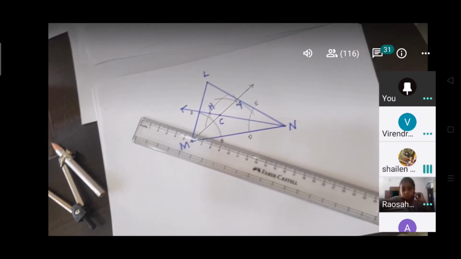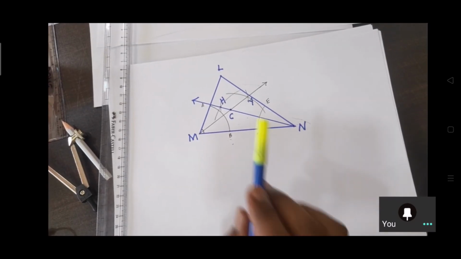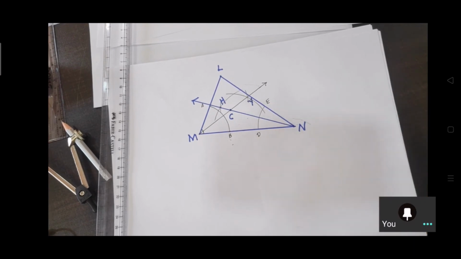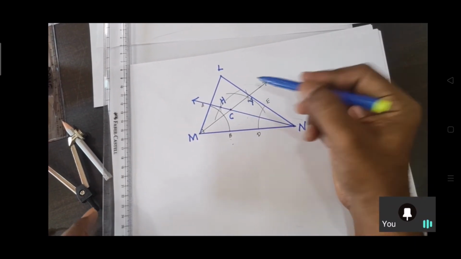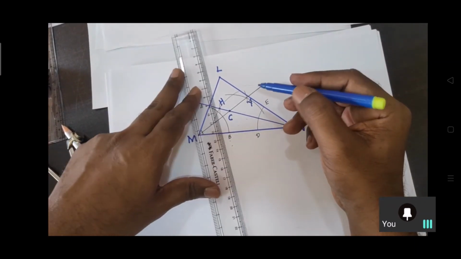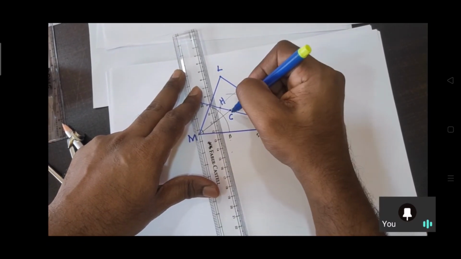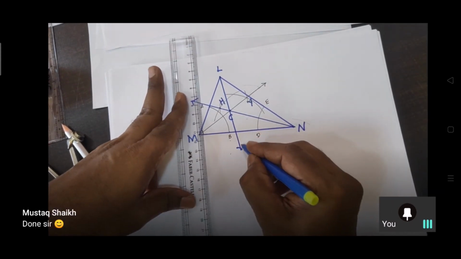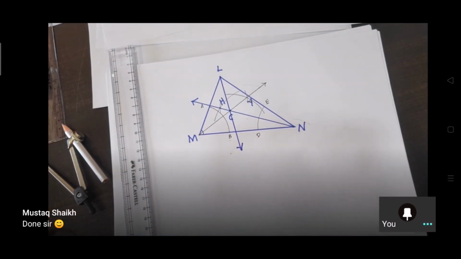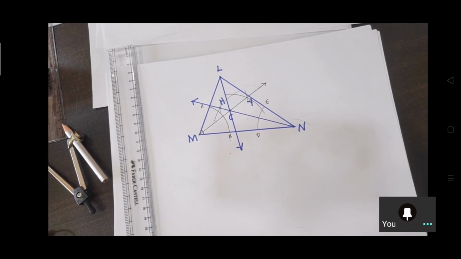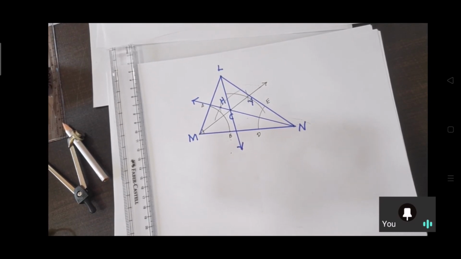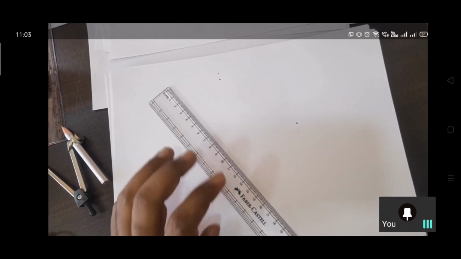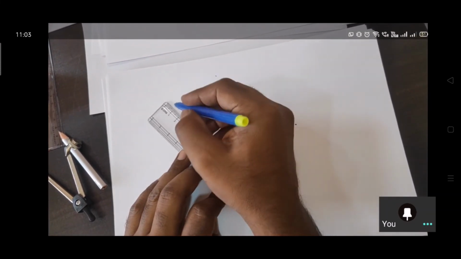We have drawn this angle bisector here and here, and we have taken here point C. The last thing is you have to do from this point L and from point C, you have to draw again straight away a third ray. Just do it like this. Draw another.